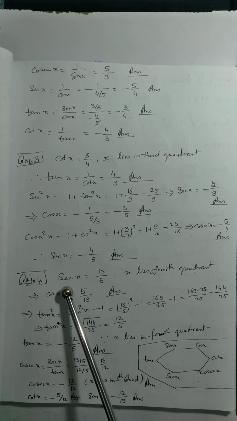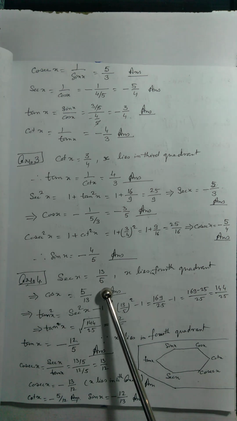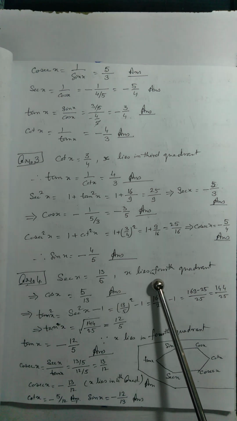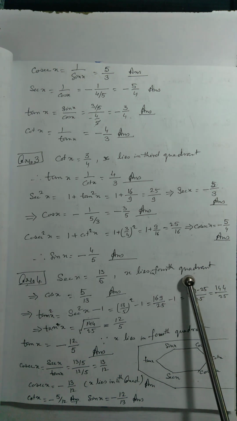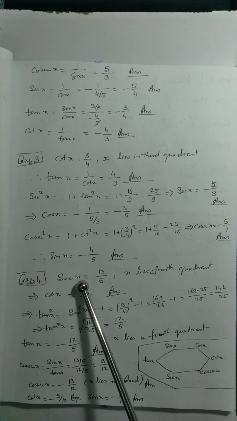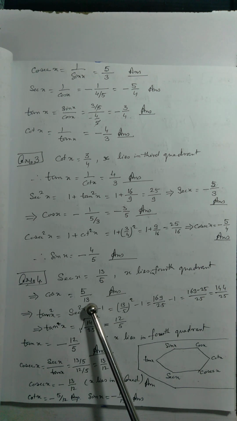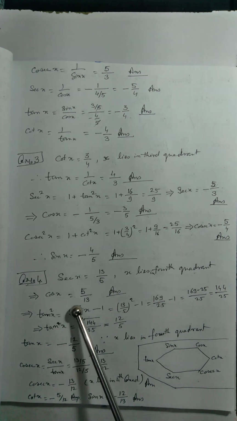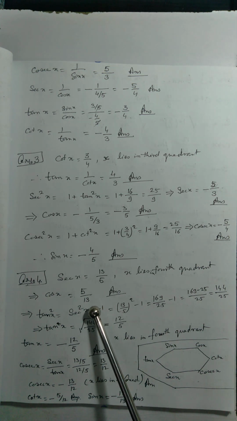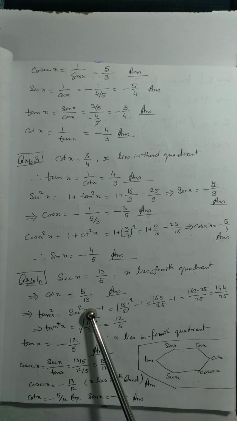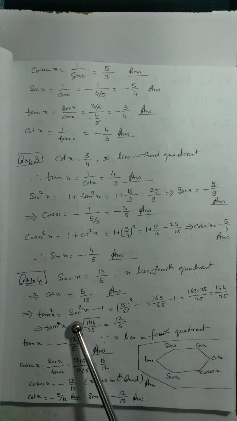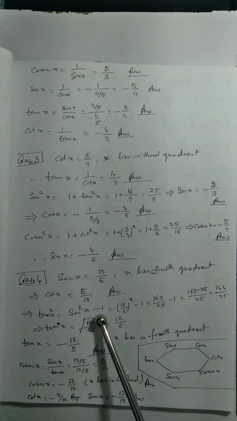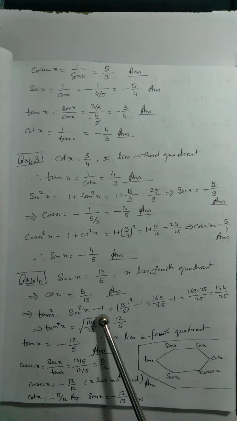Now come to question number 4. Here it is given sec x is equal to 13 by 5. X lies in the fourth quadrant. So here the values of secant x and cos x will be positive. So secant x is 13 by 5. The cos x will be 5 by 13, the reciprocal of secant x. Tangent square x is equal to sec square x minus 1.